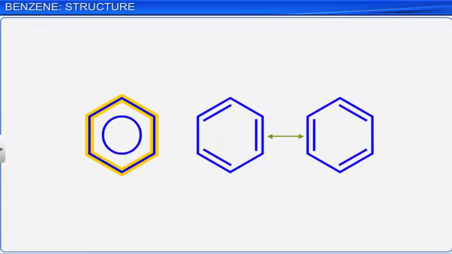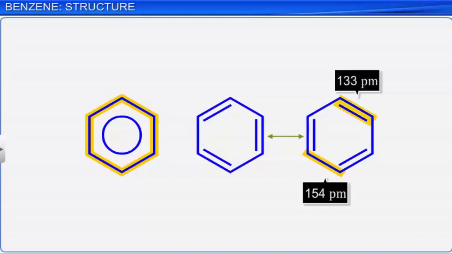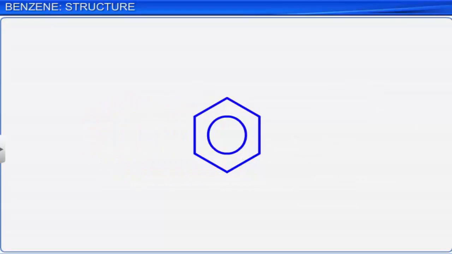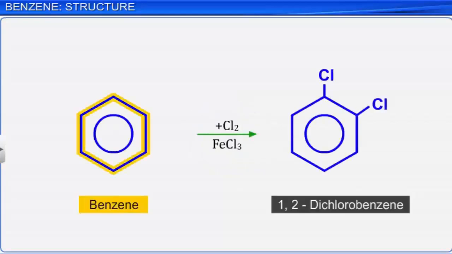Hence, the bond length in benzene is 139 picometers. As all the carbon-carbon bonds are equivalent, it results in the formation of only one 1,2 disubstituted product.